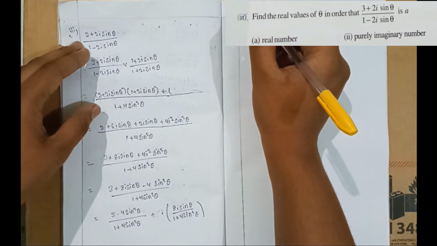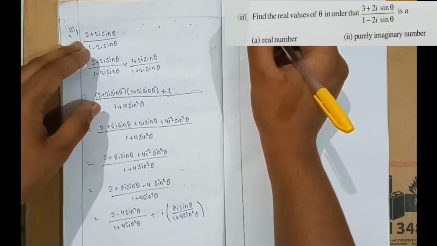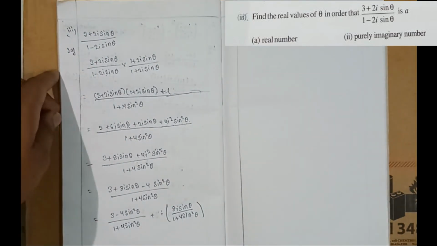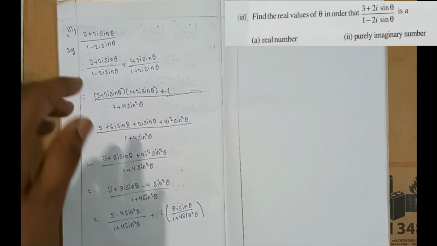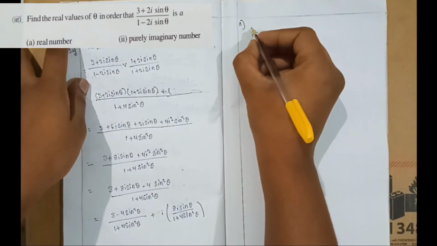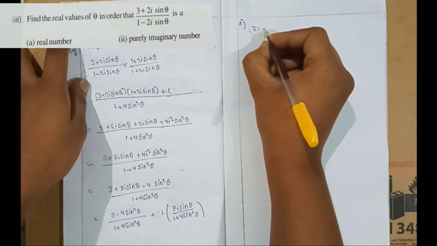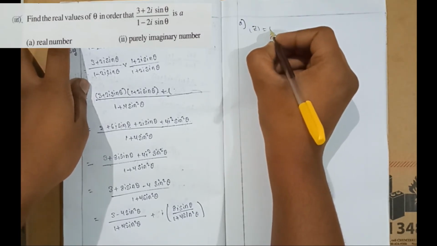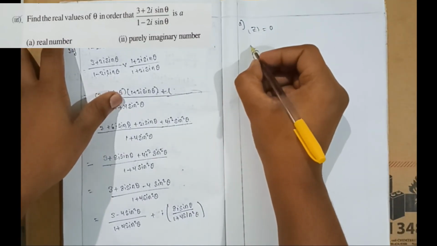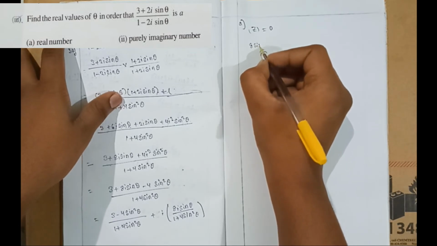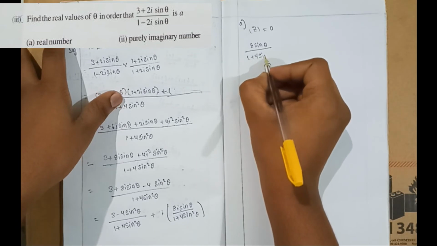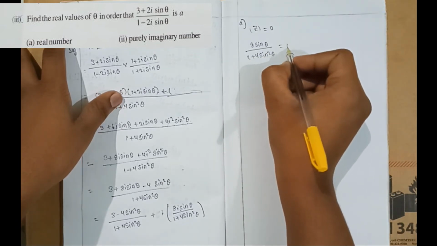If we go into the problem, we have to find a real number. Here we don't have any real number, so we will just assume z as a real number, and the value of z equal to 0. So the equation will be 8 sin theta by 1 plus 4 sin square theta equal to 0.